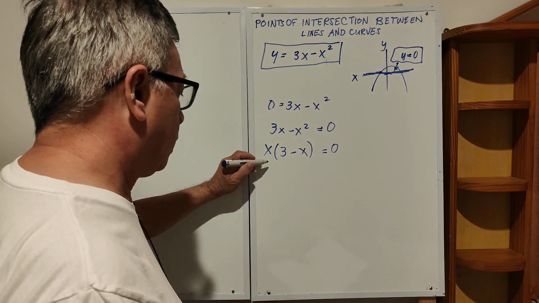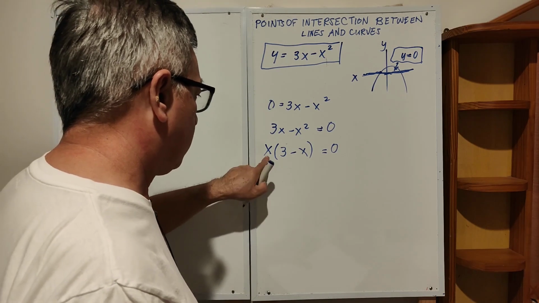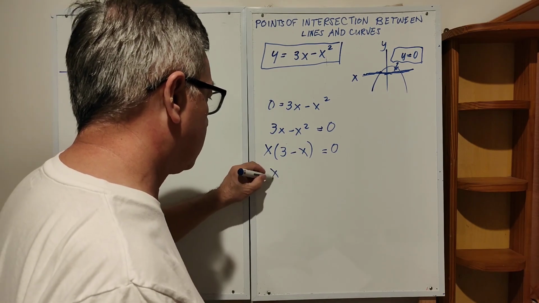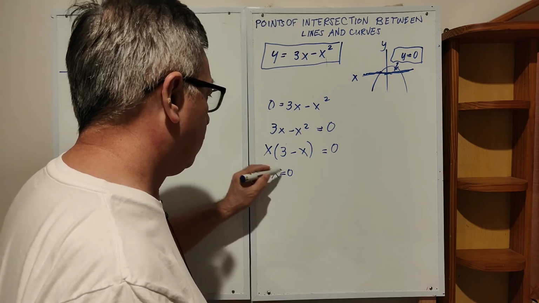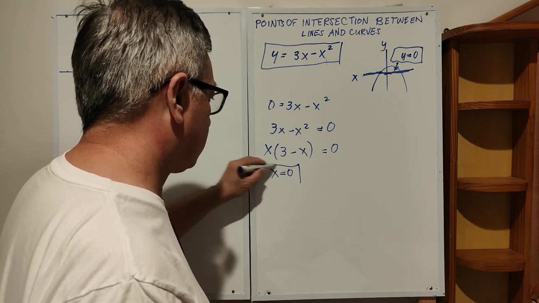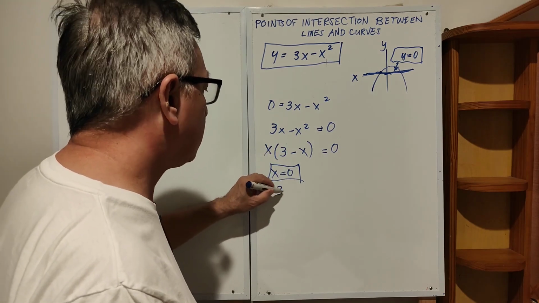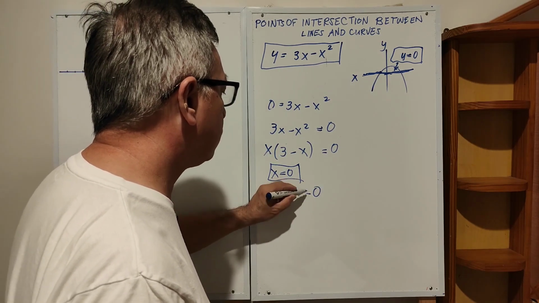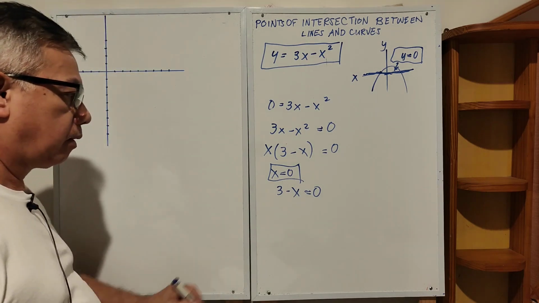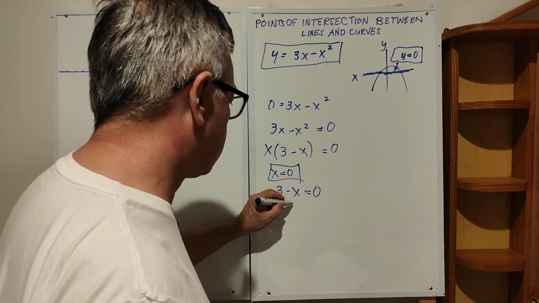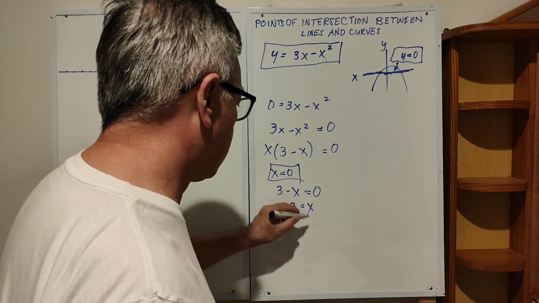So if this one is 0, if x is 0, then this is already your first answer. Now if 3 minus x is equal to 0, we can transpose x to the other side, so 3 is equal to x.